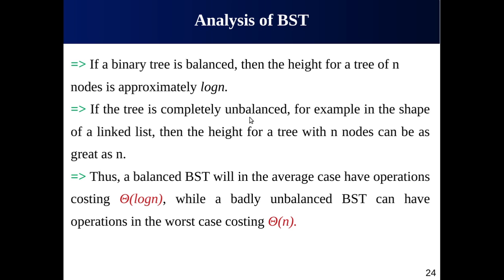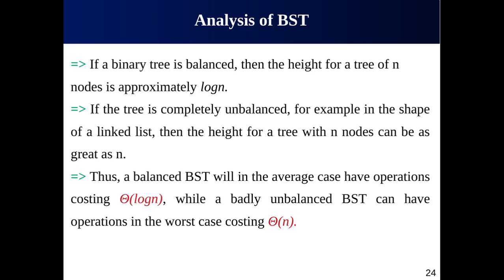So if a tree is completely unbalanced, like the skewed tree, it could be right skewed or left skewed, or you can even consider a linked list an example of an unbalanced shape. So if the tree is unbalanced, then the height of the tree will be a linear function, that is n.